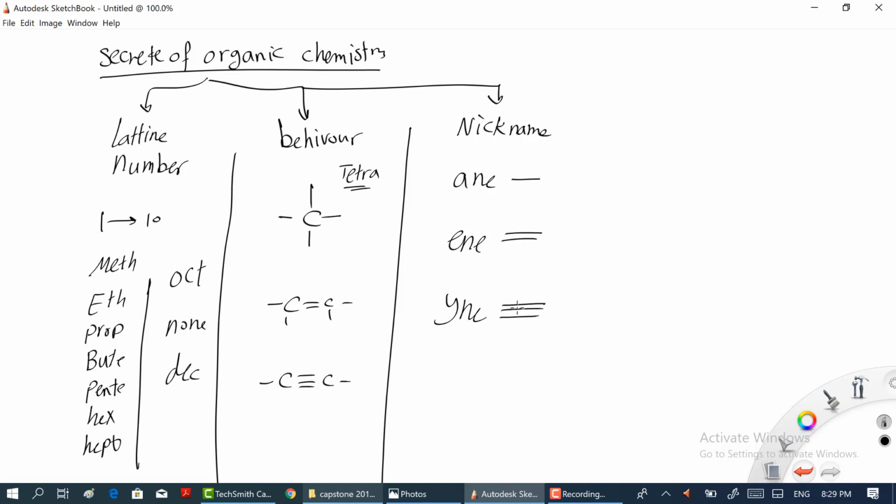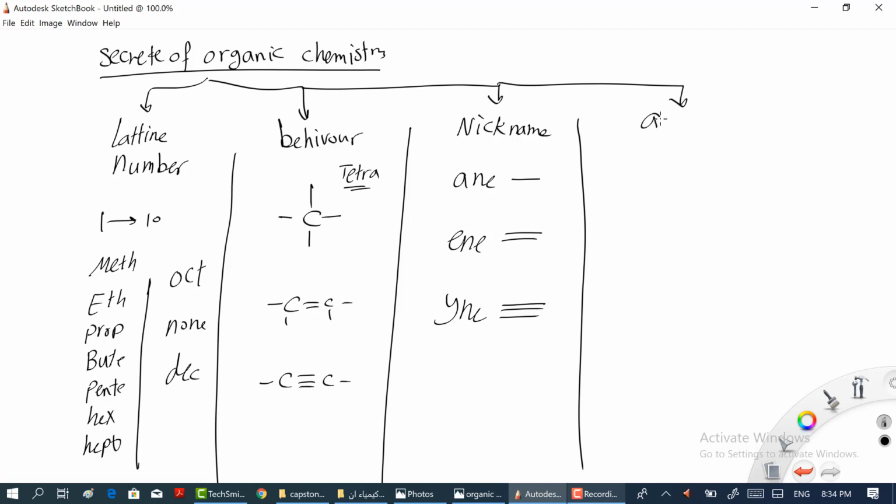Okay. Let's talk about isomerism, one of the properties of organic compounds. One of the rules: take care of the ghosts. What is a ghost in organic chemistry?